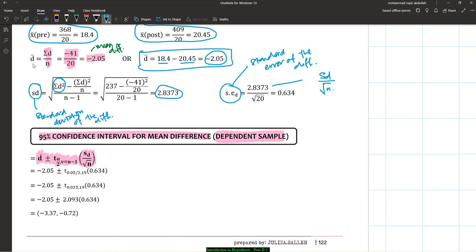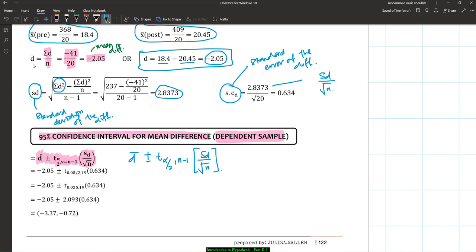So for the 95% confidence interval for the mean difference, we need to put the mean difference plus minus t alpha divided by 2 with degrees of freedom. Our degree of freedom is n minus 1, multiplied by the standard error, which is the standard deviation of the difference divided by square root of n, right?